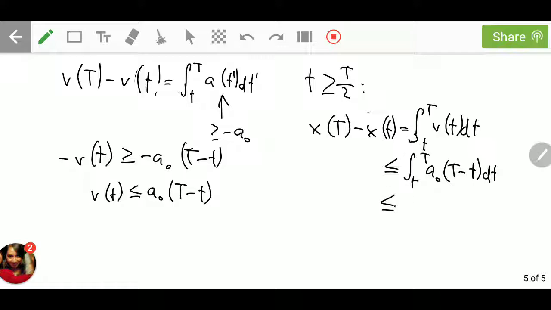And that will be 1/2 a naught big T minus little t squared.